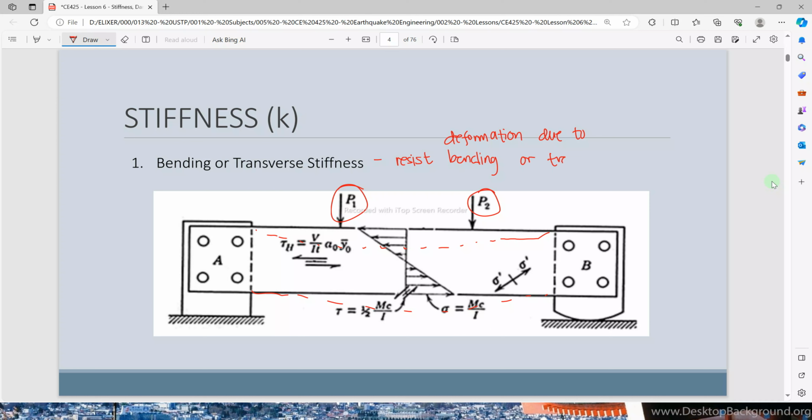Or transverse deflection. So, ang general formula ng stiffness is K is equal to EI over L cube. Ang E na to, this is the Young's modulus or the modulus of elasticity. So, balik-balik ka siya, no?